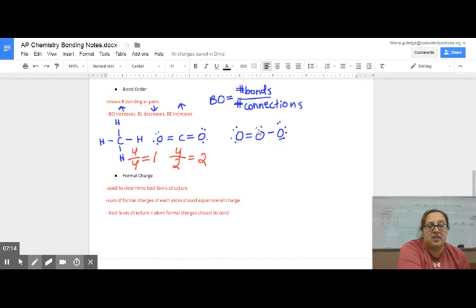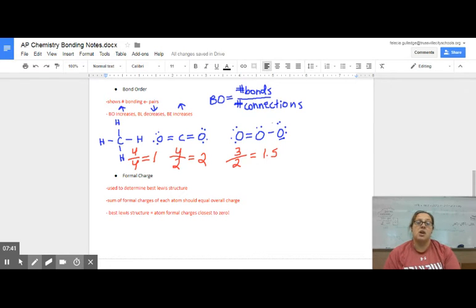So if I have oxygen, I have 1, 2, 3 bonds there, divided by the number of connections. So how many atoms are connected? There's 1, there's 2. So my bond order is 1.5. This is mathematically showing that the bond length is in between that of a single and double bond.